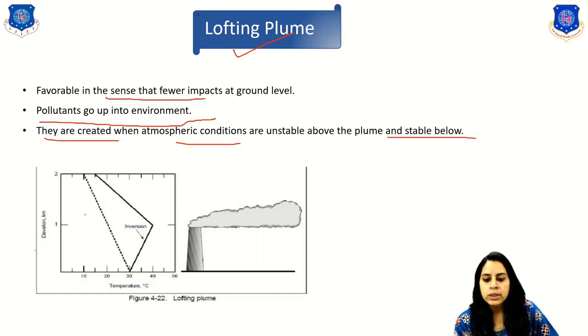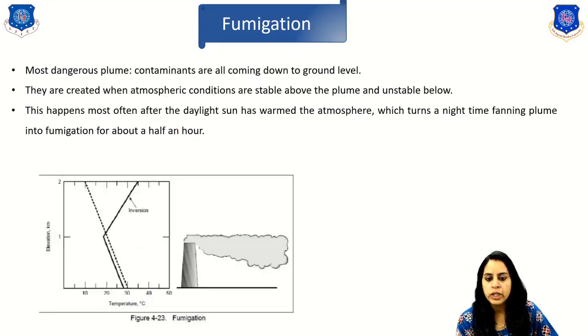On this screen you can see that the inversion occurs below, and the plume is created when the atmospheric condition is stable below and unstable above. This is a lofting plume.